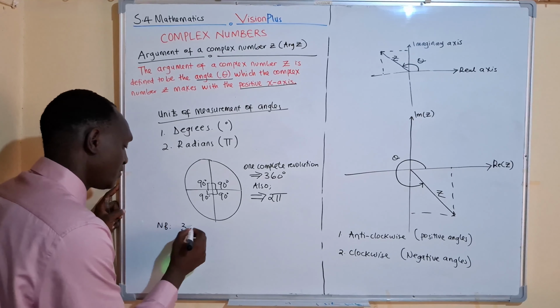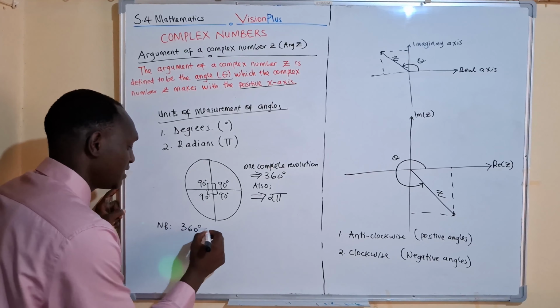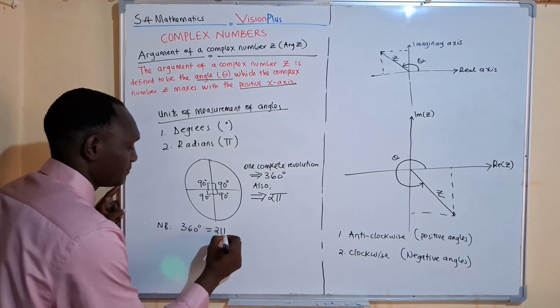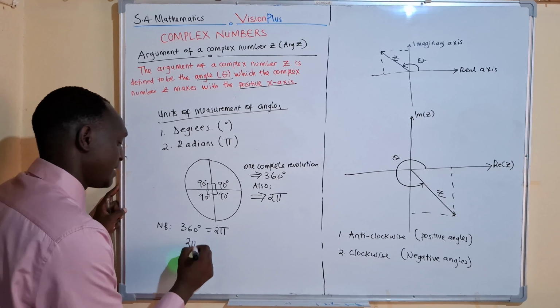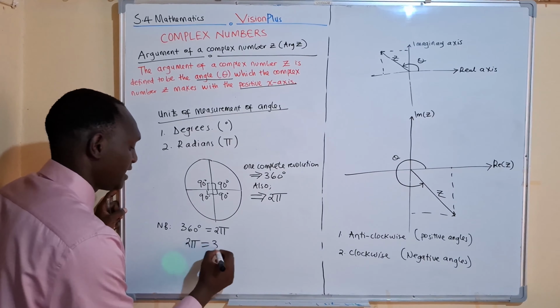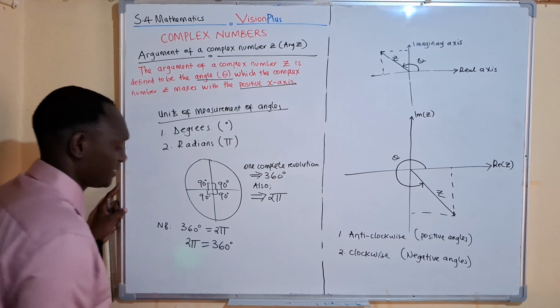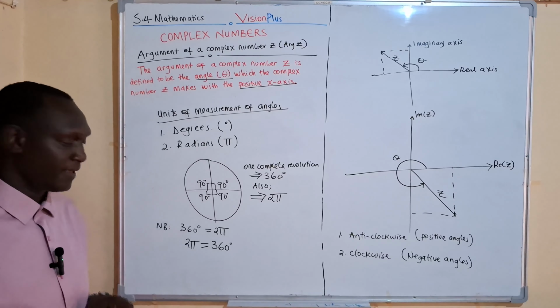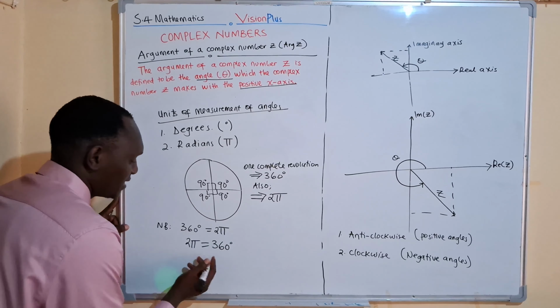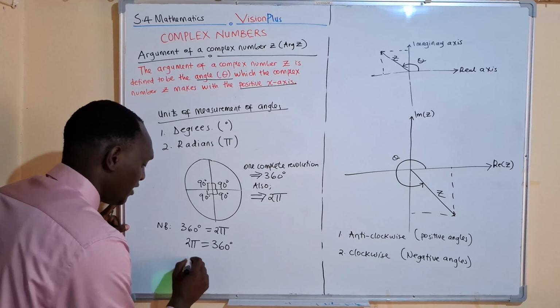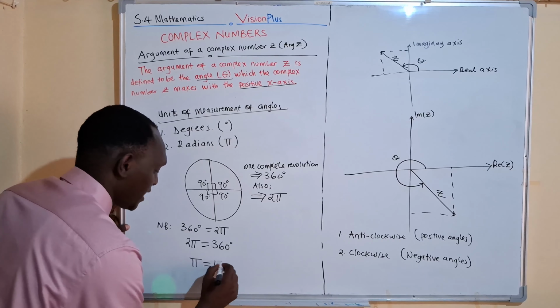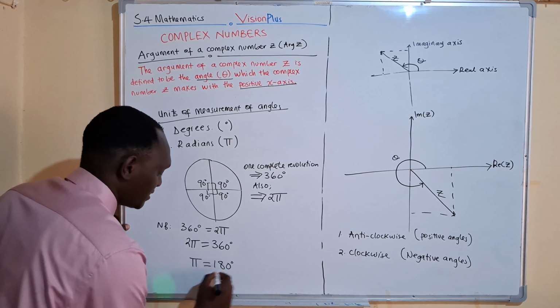Therefore, 360 degrees is the same as 2 pi, or you can just say 2 pi is the same as 360 degrees. The two sides are equal. You can simplify by dividing both sides by 2, so that the value of pi is the same as 180 degrees.